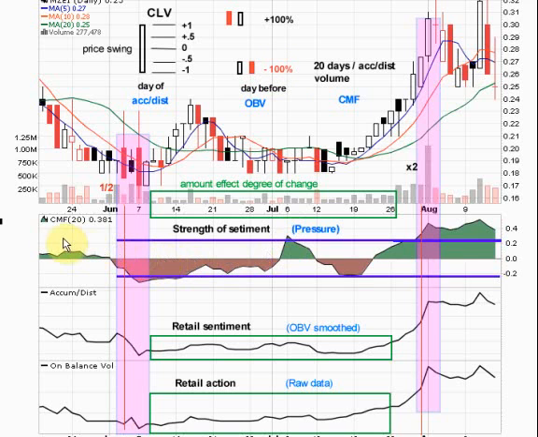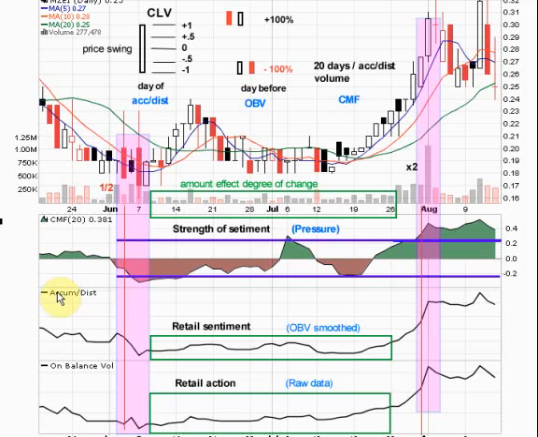Now, the third thing that we have is your CMF. What that will do is show the strength of this sentiment down here. I call it a pressure indicator. They will take the 20-day average and divide it by the accumulation distribution figure below.